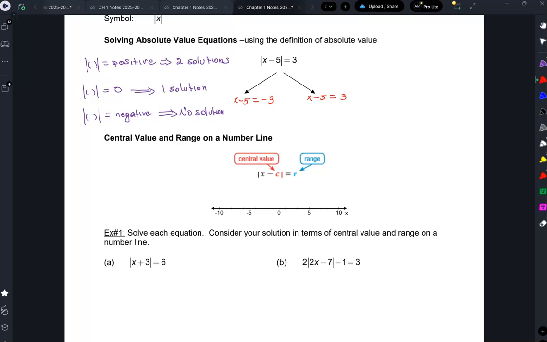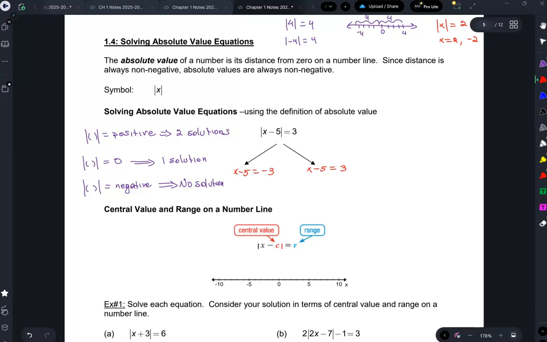Now, in the first case we looked at, we just had x in the absolute value, so we're centered at 0. This one has x minus something else, so our center has shifted a little bit. Take a look here. The one we just did looks more like this.